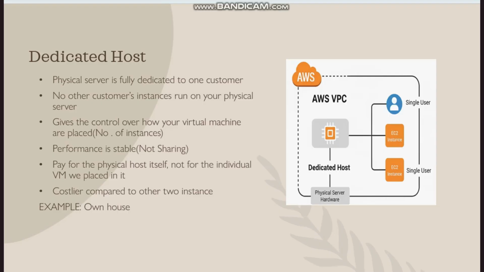The performance is stable because no other AWS customer's instance will share that physical hardware. We only pay for the physical hardware, not for the individual virtual machines placed on it. Compared to the other two, it is more costly.